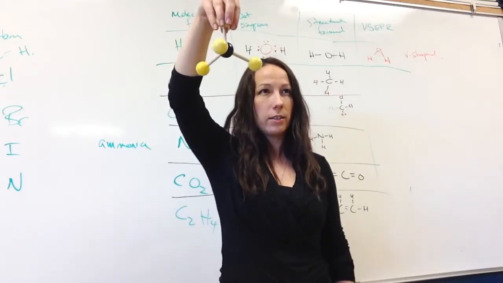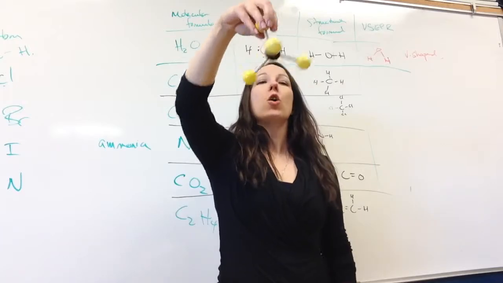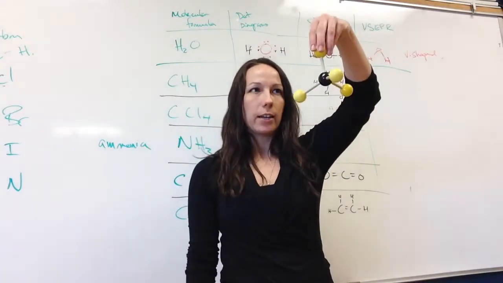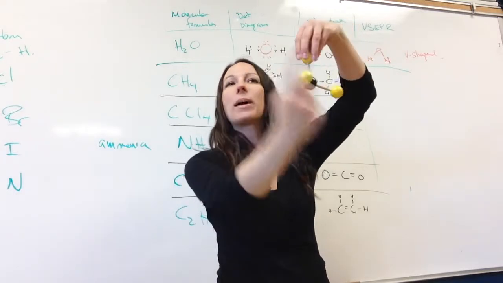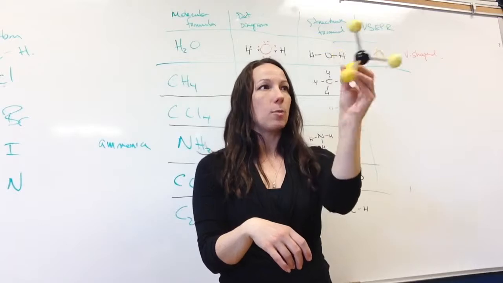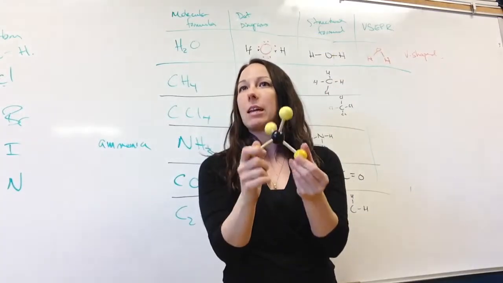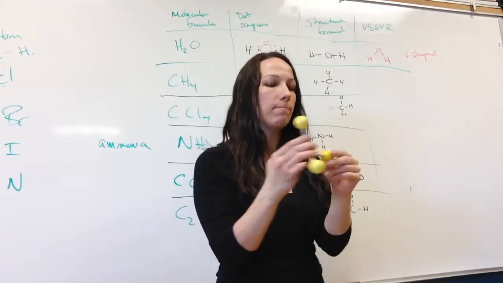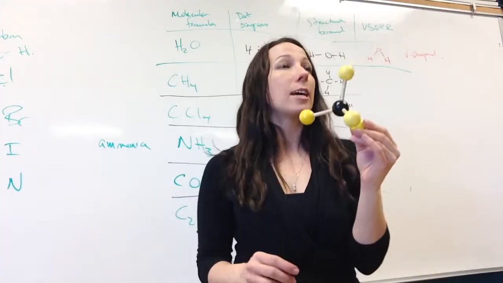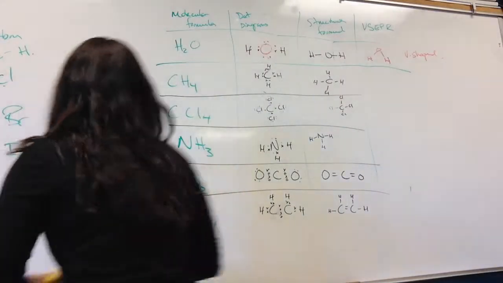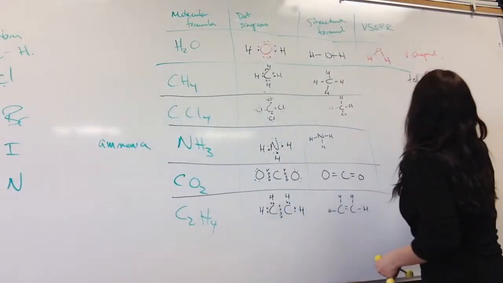Do you see that? I can rotate it, it looks the same. I can rotate it, it looks the same. This is a symmetrical molecule. It's symmetrical because no matter which way I rotate it, it's the same thing the whole way around. Everybody okay with that? That's going to come in handy later on. And we call this tetrahedral. So its shape is tetrahedral.